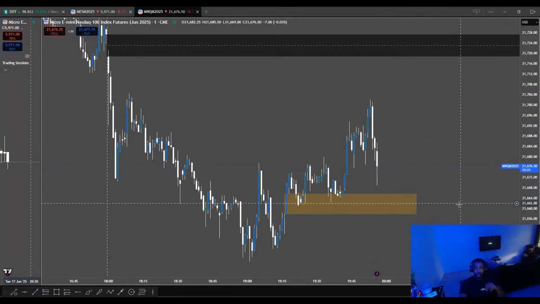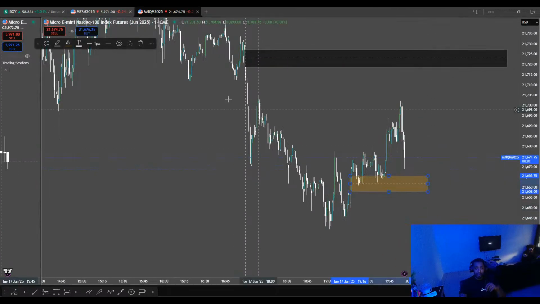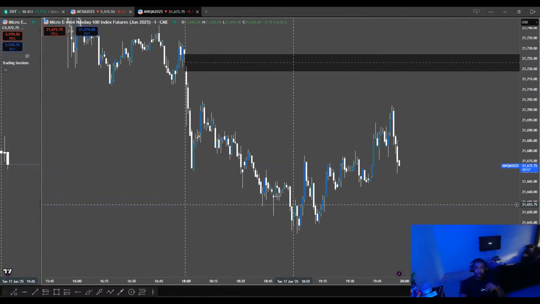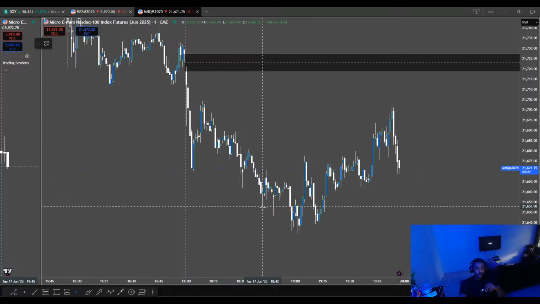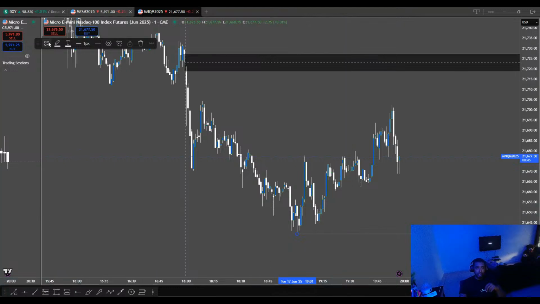It's just you need the right model. So the actual model for Asia is literally, you want to chart the high and the low of the session from 7 to 9. So they go from 1900 hours, which is right here. This is the low, so this is the minor buy side.